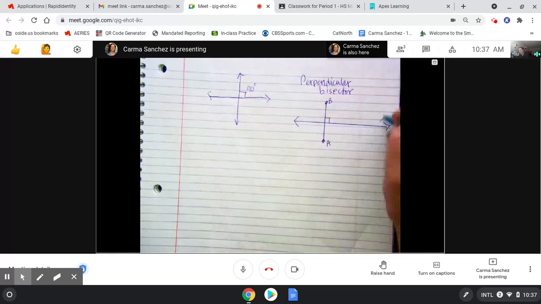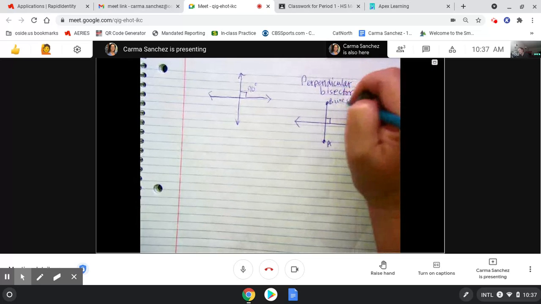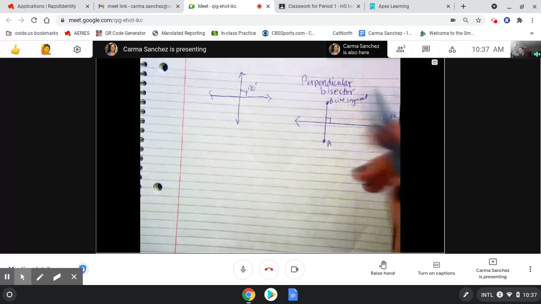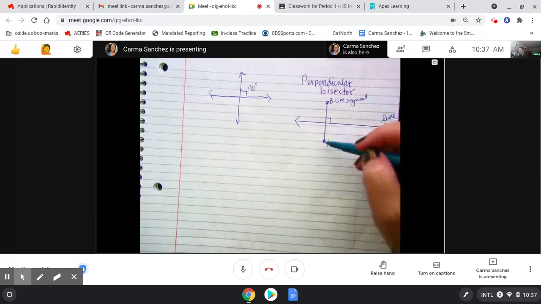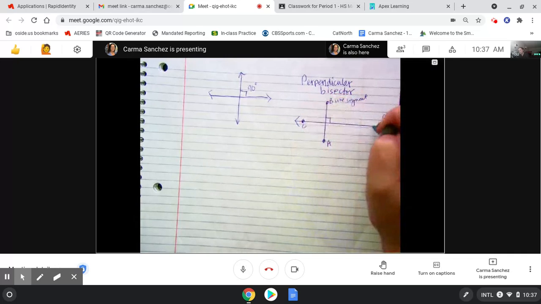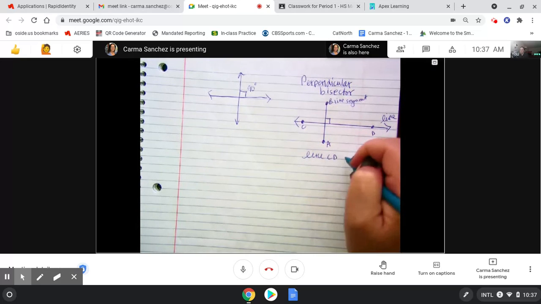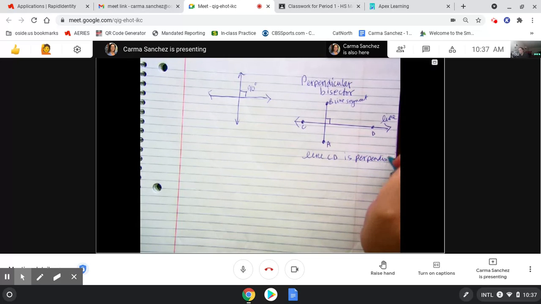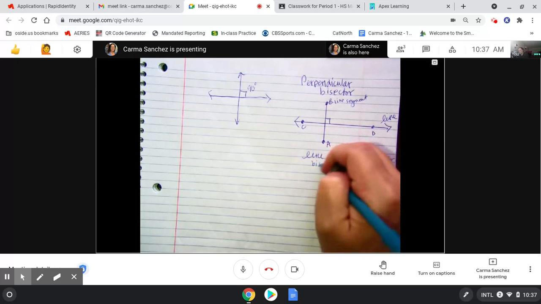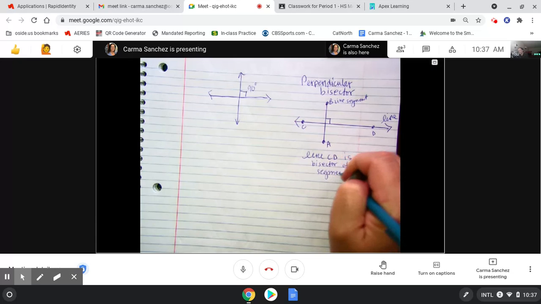So we have a line here and we have a line segment here. So for example, in this picture, we can say that line, let's go ahead and put some letters, CD. We can say that line CD is the perpendicular bisector of line segment AB.